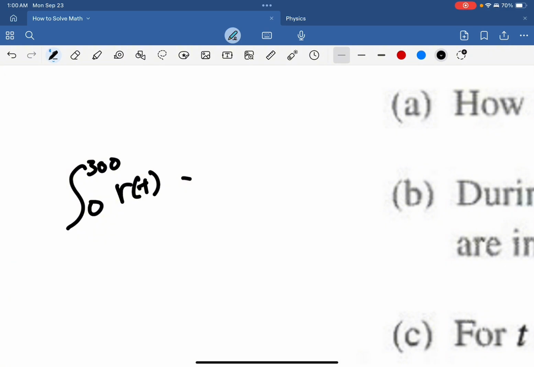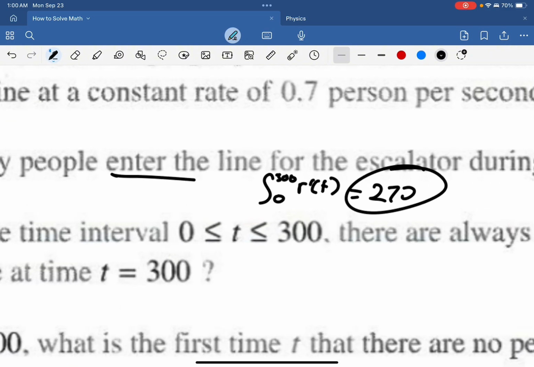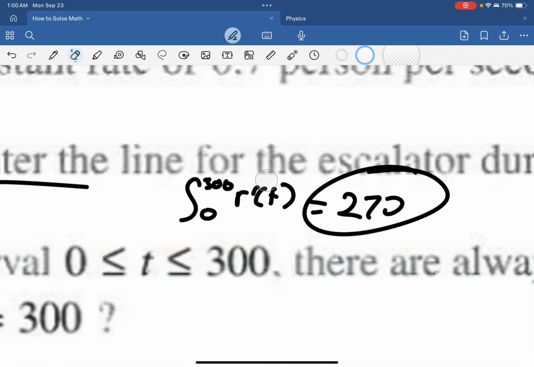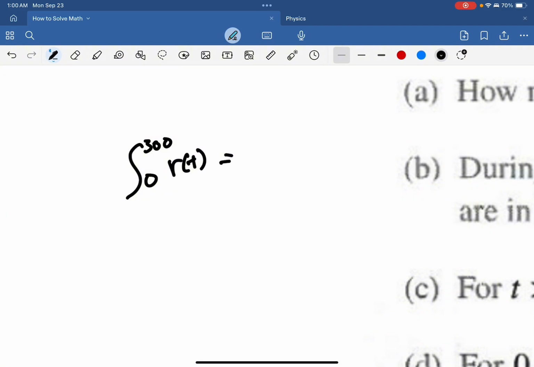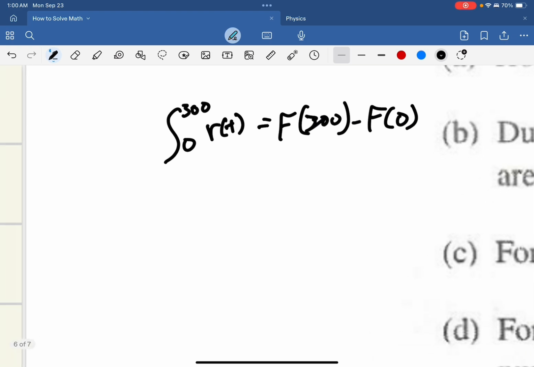This is just regular r of t. I don't know if I added that here too. Yeah, I did add that here, I apologize. On the graph, it's just r of t. There we go. Anyways, because we don't really know our integral function, I'm just going to write it as f. In this case, it's f of 300 minus f of 0. And we know f of 0.